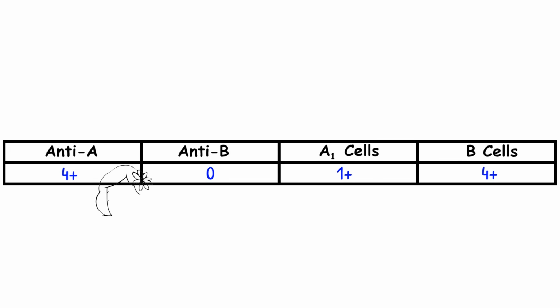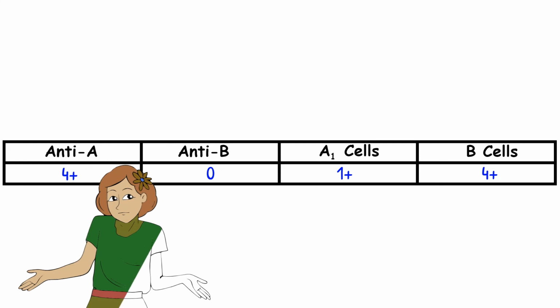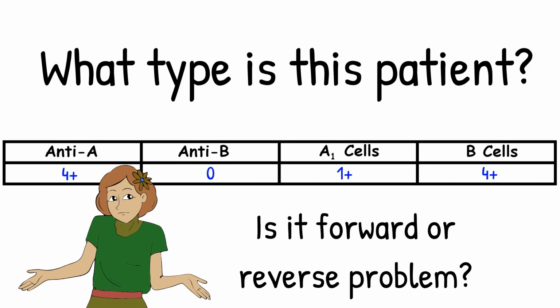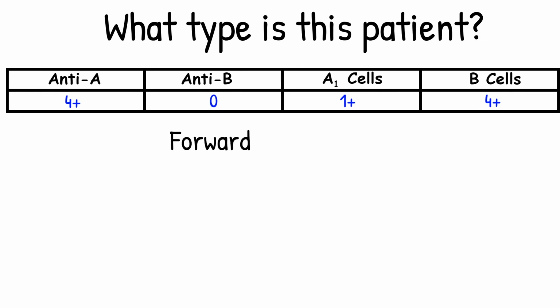Second problem. Again, take a look at these reactions. What do you think the patient's blood type is? And what would you do to solve the ABO discrepancy? You can pause the video if you need more time. First thing, write down the type for the forward and the reverse.